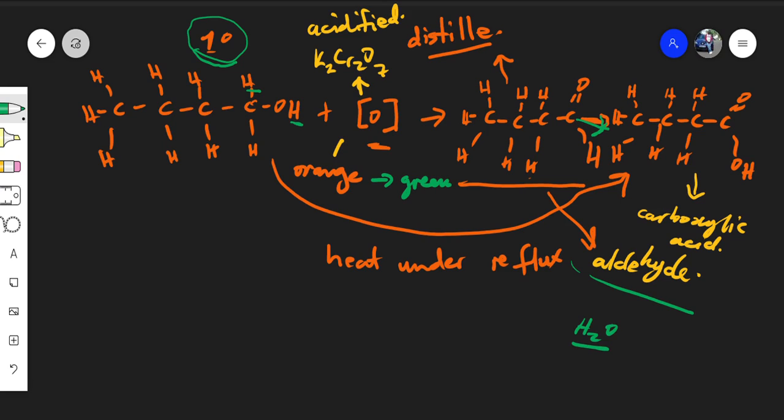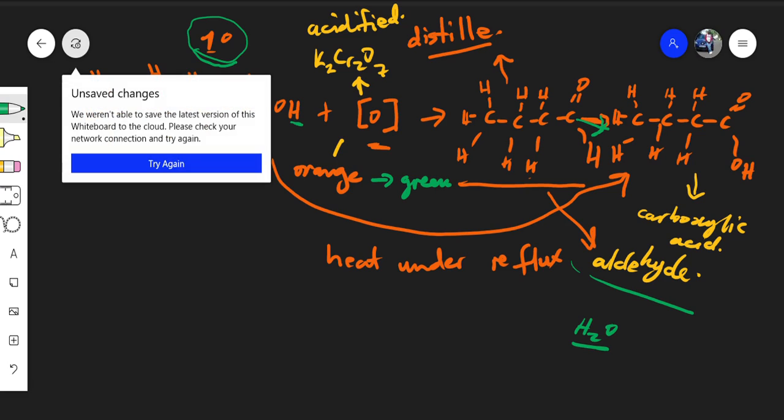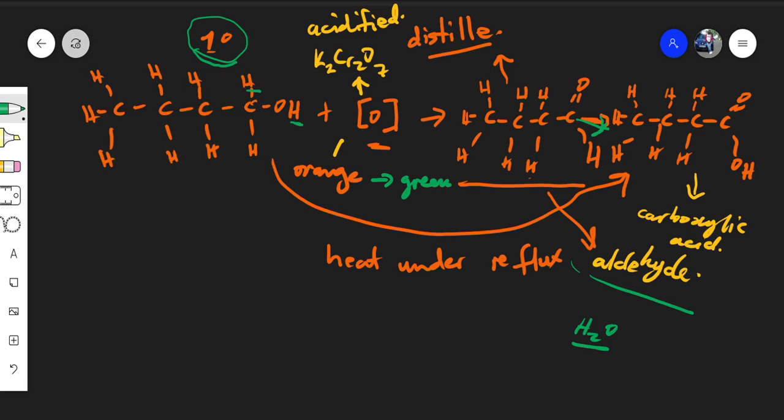So each time you oxidize, you form water. So that's the other product.